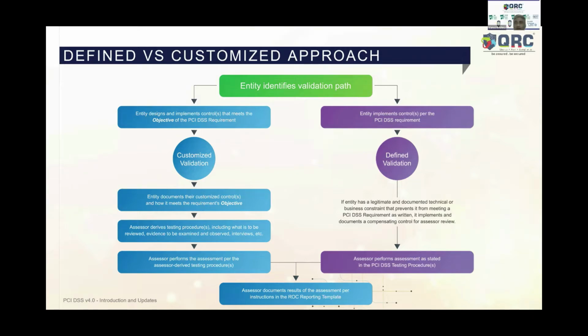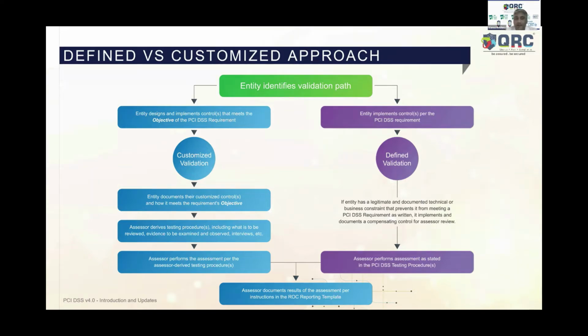So with the customized approach, the entity identifies the validation path; the entity designs and implements controls that meet the objective of the PCI DSS requirement. So it depends on the objective. They can design the controls, choose a different control, and use customized validation to show how they meet the specific objective of the control.